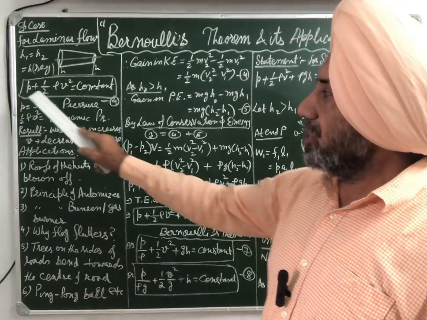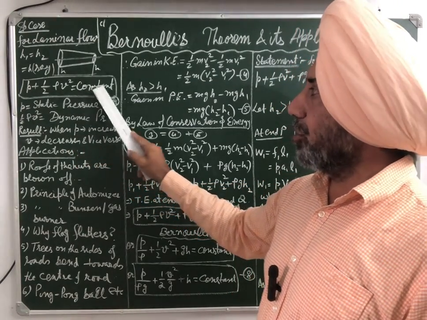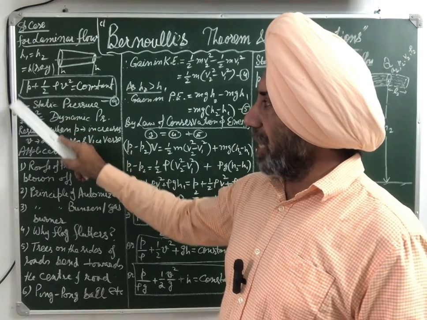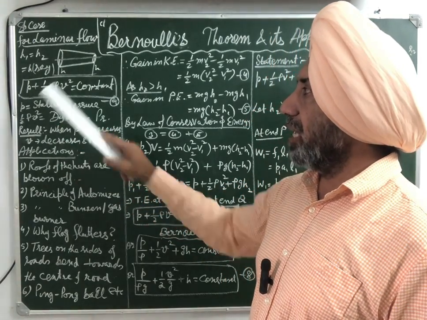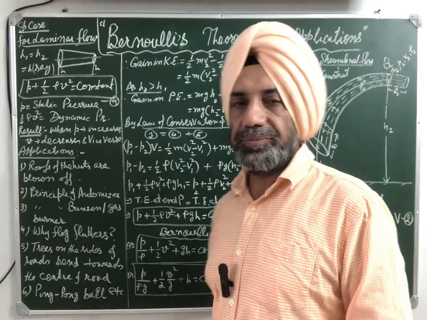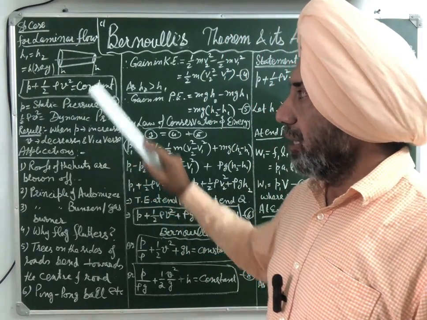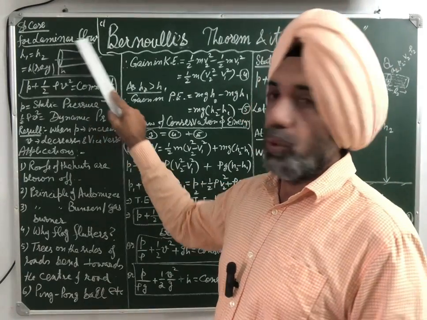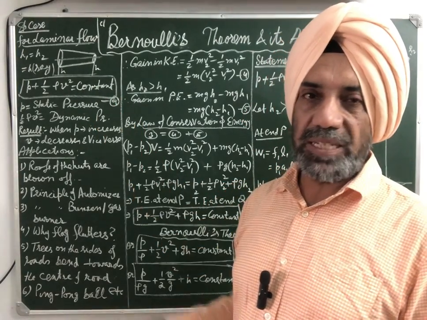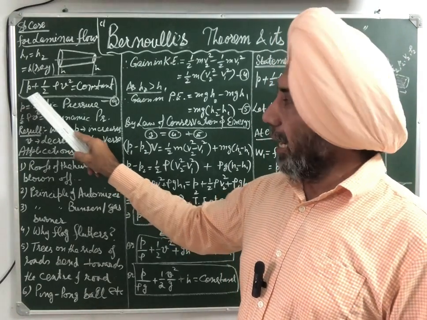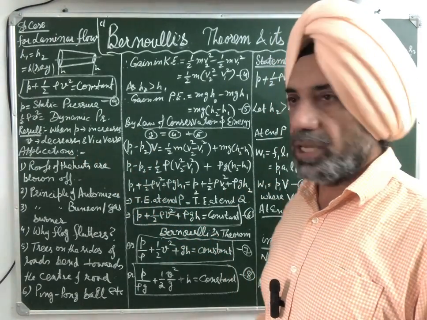So we have only two terms, P plus half rho v squared is equal to constant, where P is called static pressure and half rho v squared is called dynamic pressure. So for an ideal fluid and for laminar flow, a special case of streamlined flow, the sum of static pressure and dynamic pressure is always constant.